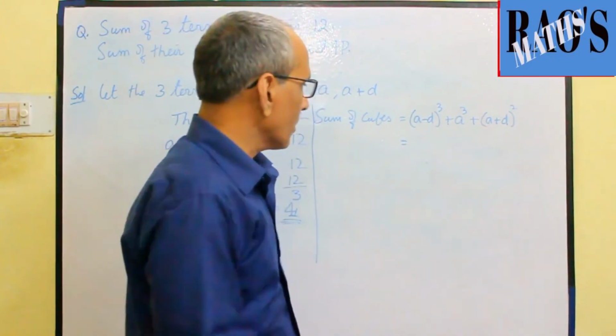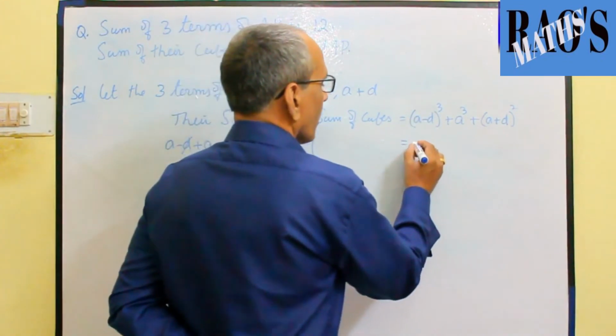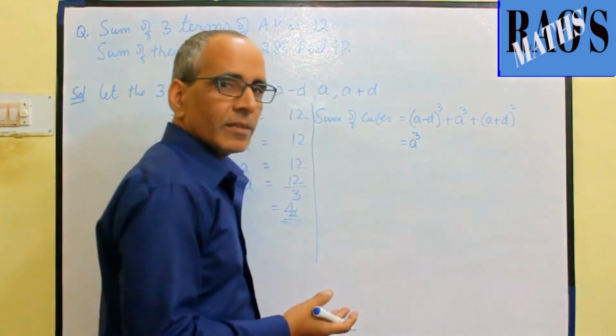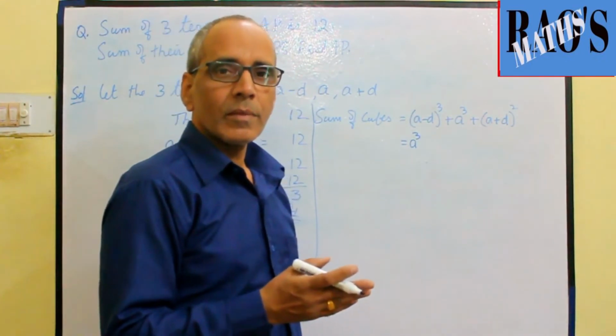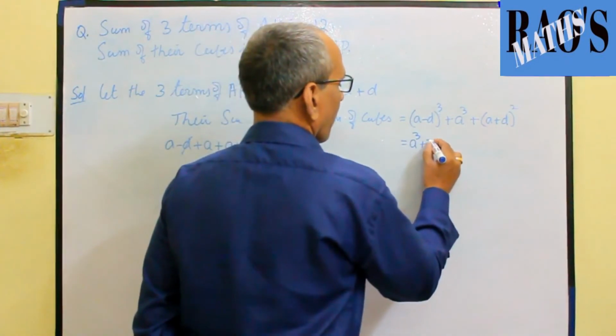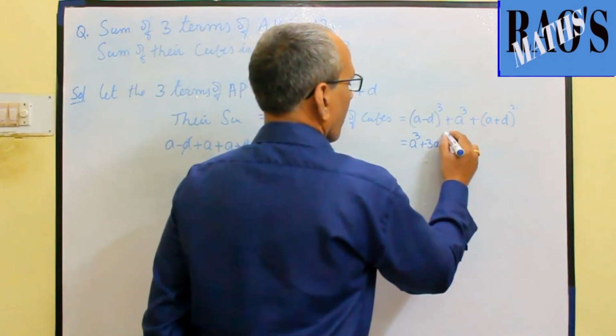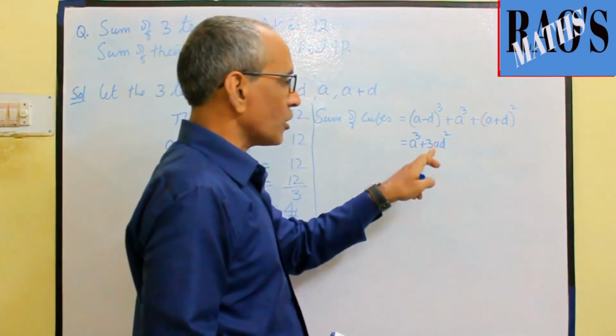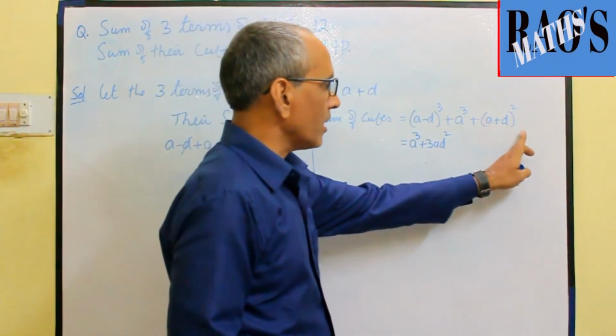First and third term. The first term here, A cube minus 3A square D plus 3A D square. So I wrote the first and third term in the expansion. I write the same here.